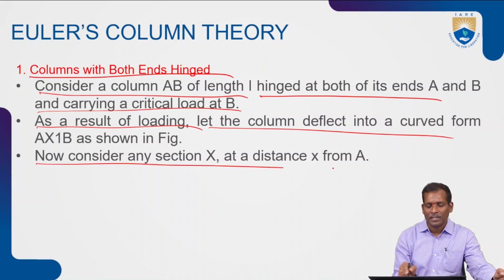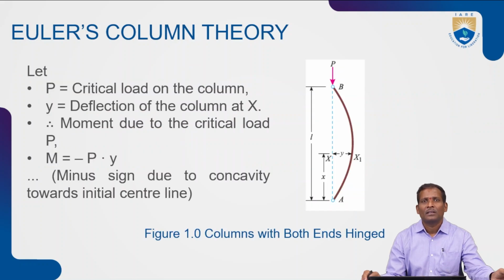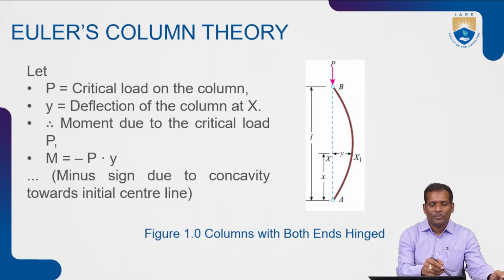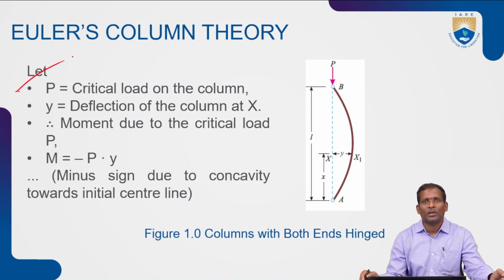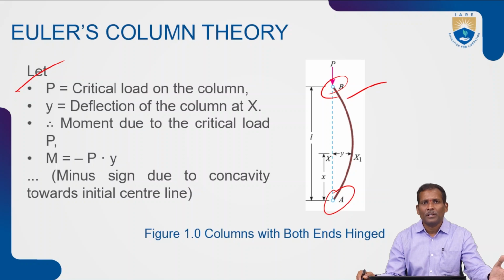Now consider any section X at a distance x from A. Let P be the critical load on the column. So here take this column, both ends hinged at A and B. The deflection y is the deflection of the column at X. Take section X at the distance x, so the deflection is y.